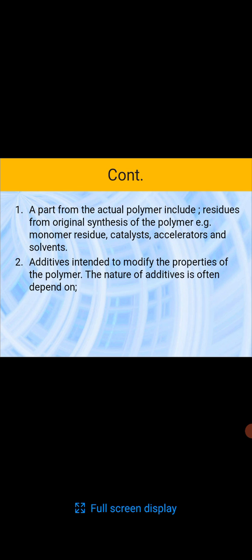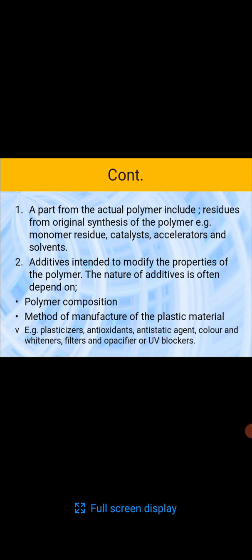The nature of additives often depends on polymer composition and the method of manufacture of the plastic material. For example, additives such as plasticizers, antioxidants, antistatic agents, colors and whiteners, fillers and opacifiers or UV blockers.